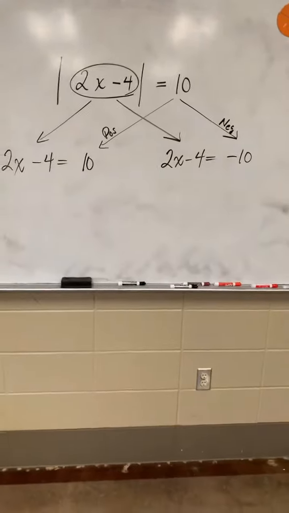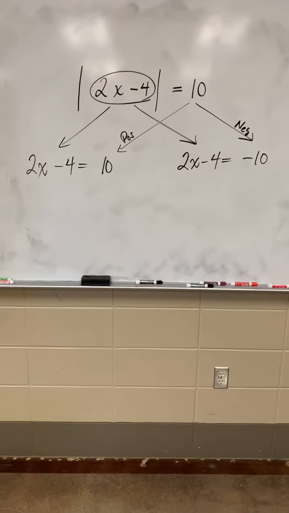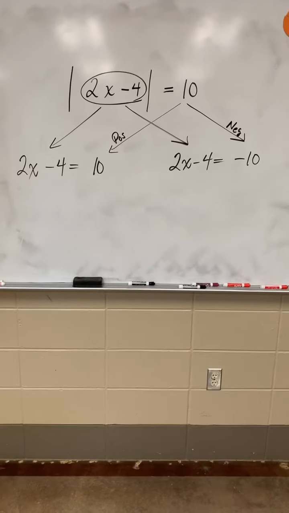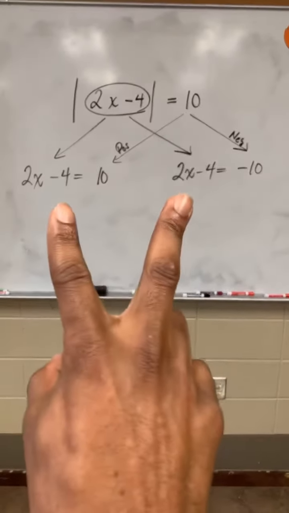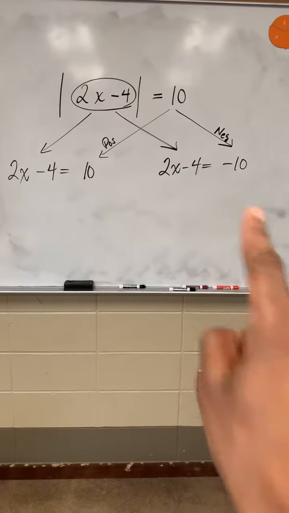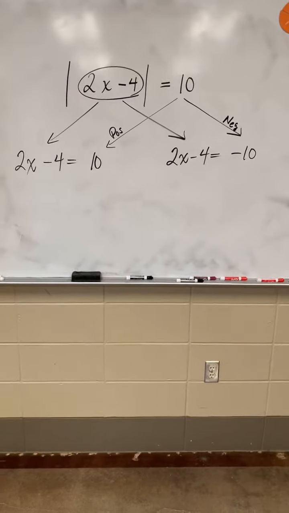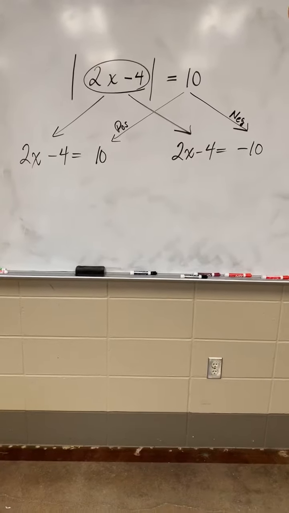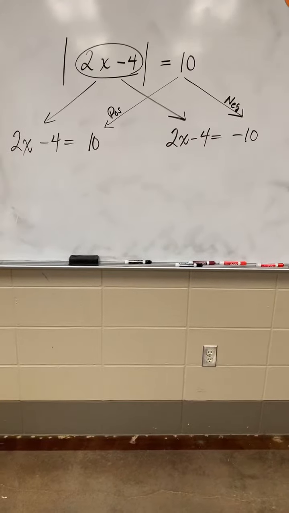That's how you set them up every single time. That's the one thing that's going to remain constant. No matter how difficult we make the problem look, you're writing that down twice and you're going to do a plus on one and a minus on the other. That's it. If you can do that much, then we can probably move forward to mastering this concept, or at least getting the steps and the procedure right.